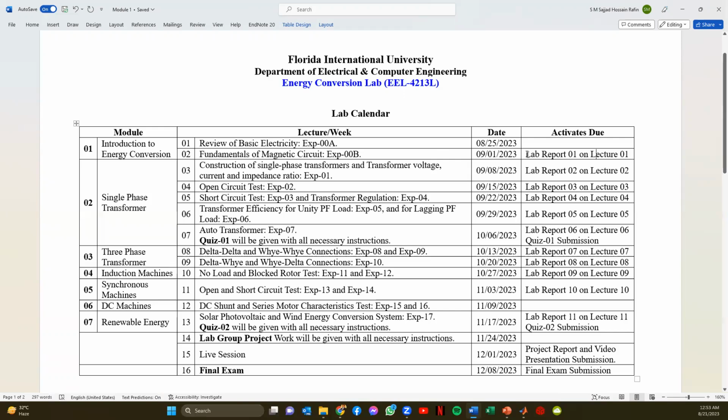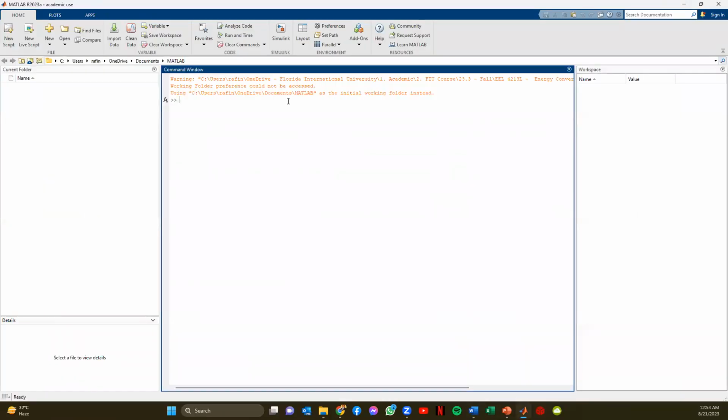So this is lab report 1, and then in the next class we'll talk about magnetic circuits. We are not going to demonstrate anything. We'll simulate using this software. This is MATLAB, and we'll use Simulink. I'll be giving you all the simulation files.